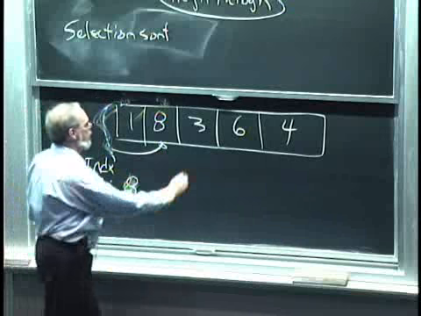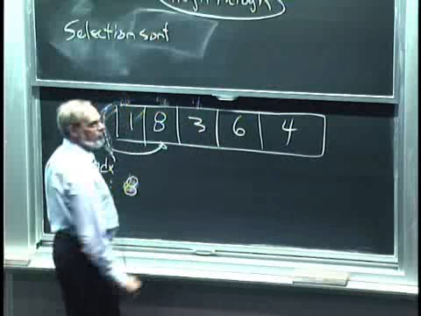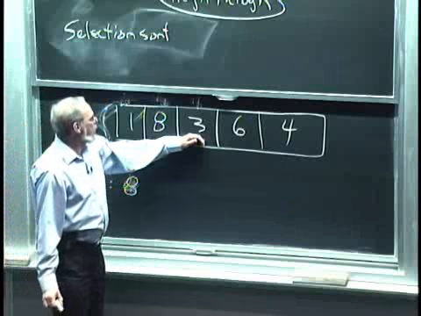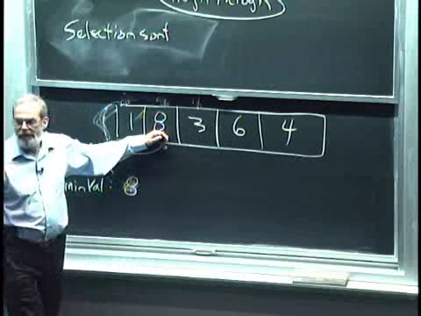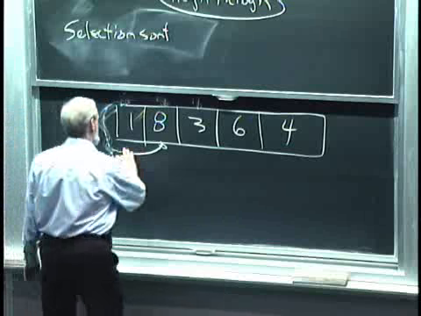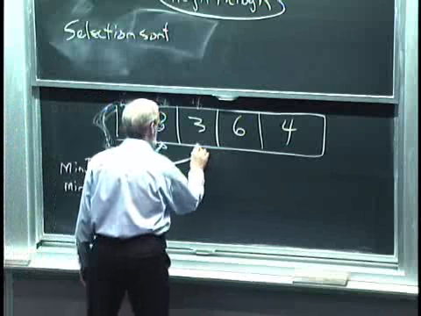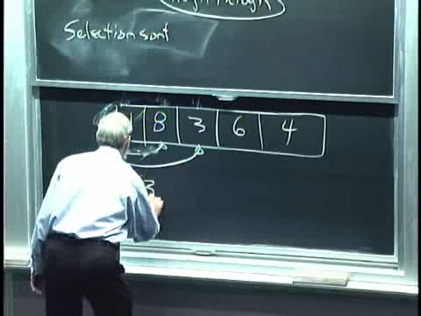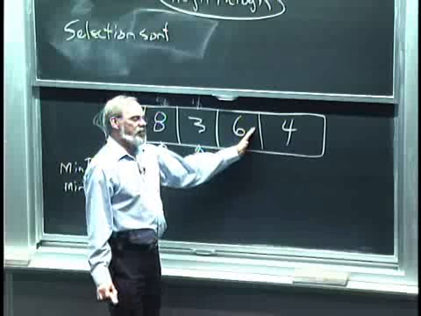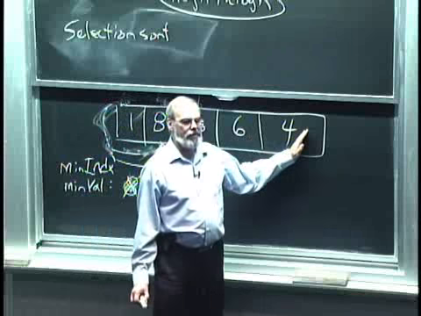Min value is 8. J starts off here. And I say, okay, is the thing I'm looking at here smaller than that? Yes. Aha. What does that say to do? It says, make min index point to there. Min value be 3. Change j. Is 6 bigger than 3? Yes. Is 4 bigger than 3? Yes.